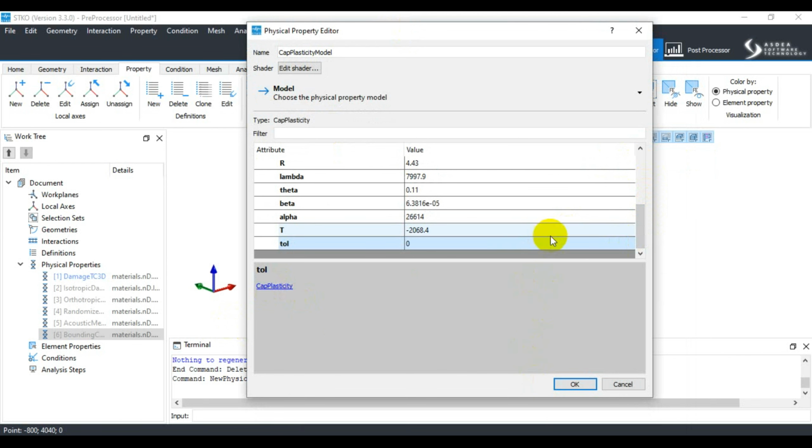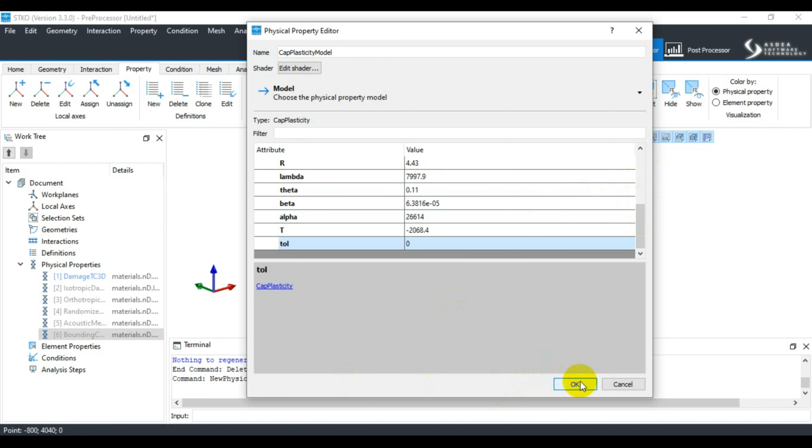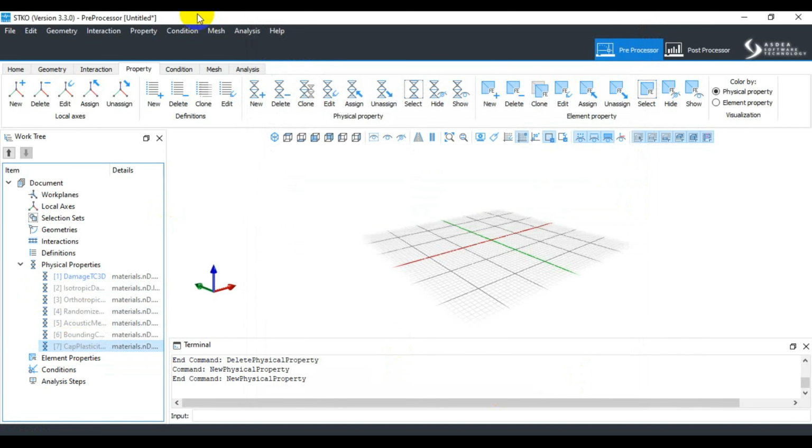So anyways, this is the K plasticity model, and it can be used for the soil in STKO and OpenSees.